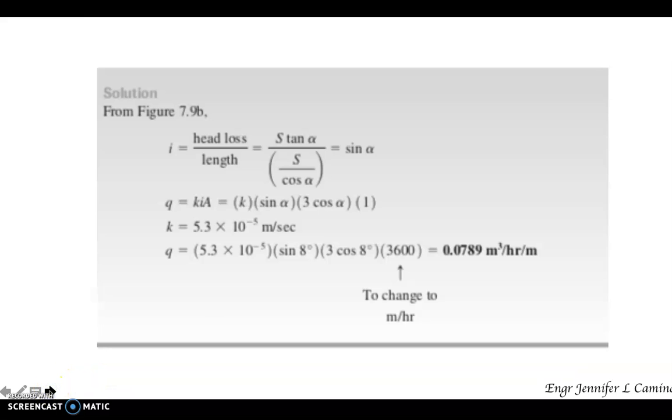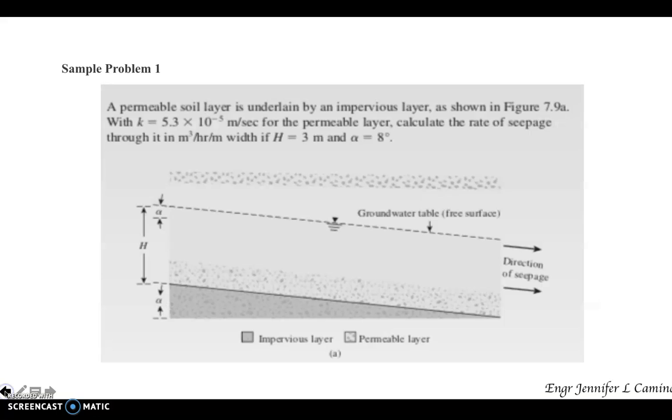For this one, change this to meter per hour, so we have 3,600. If you simplify this, you get a value of 0.0789 cubic meter per hour per meter. So that is our second example, wherein we calculate the rate of seepage for this permeable soil layer. So that's it for flow of water through permeable layer.